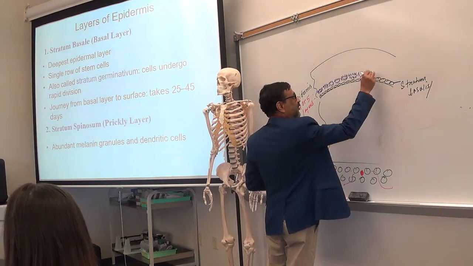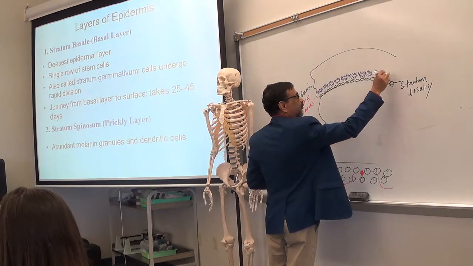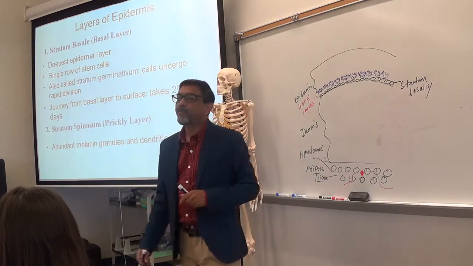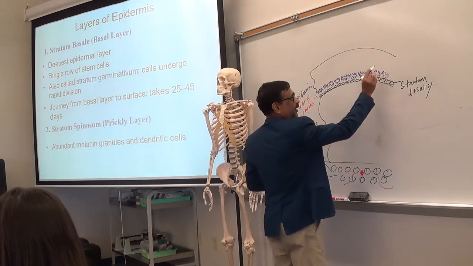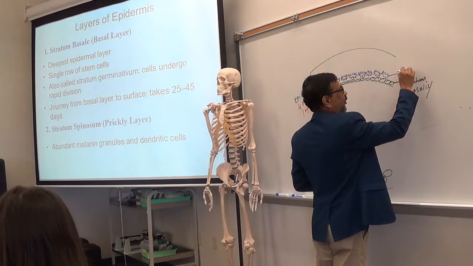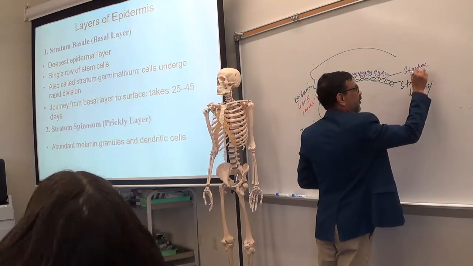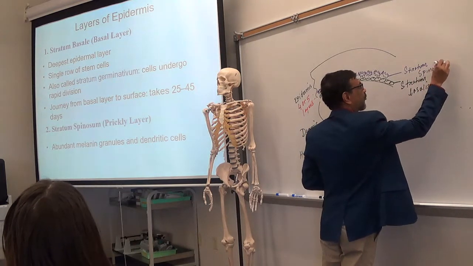So that's why this is called spinosum. Okay? Also called the prickly layer. If you see the cells, they have many spikes or spines. So stratum spinosum. Okay?